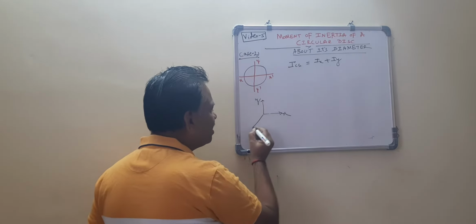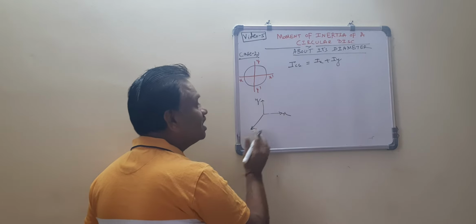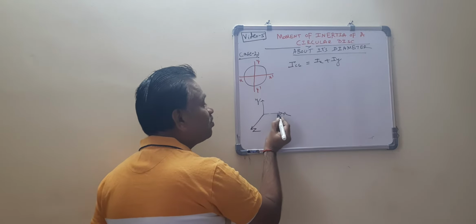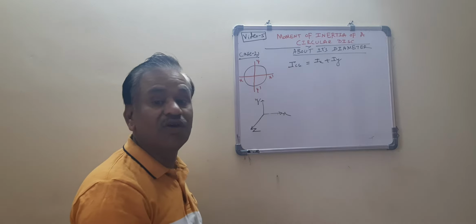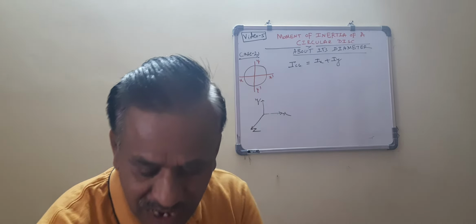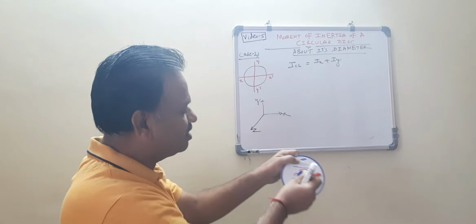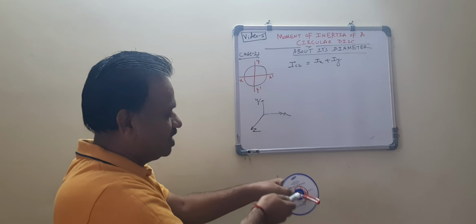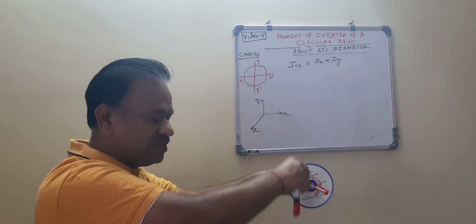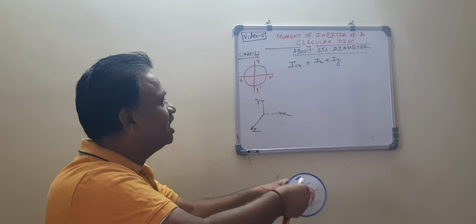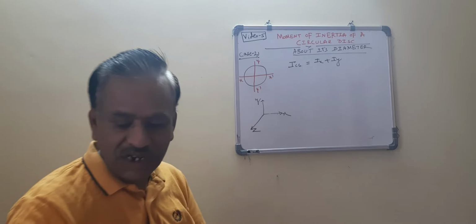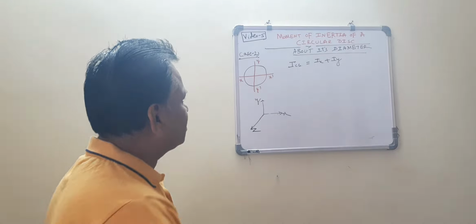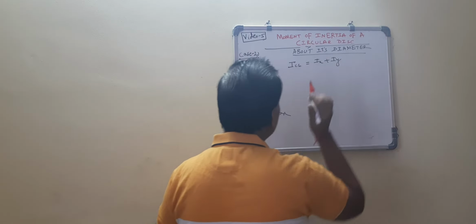Now I am considering another axis, the z-axis, perpendicular to the X and Y plane. This is the z-axis, this is the x-axis, and this is the y-axis. Now I am applying I C Z equal to Ix plus Iy.